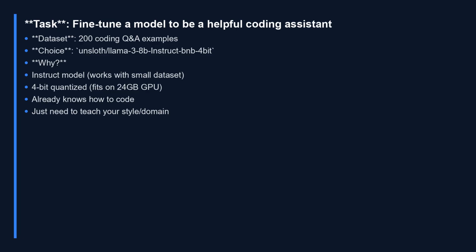The 4-bit quantization fits comfortably within your 24 GB VRAM. Llama 3 already has strong coding knowledge from pre-training, so you're not teaching it to write code, you're teaching it your specific style, your domain's conventions, your preferred output format. That's exactly the kind of focused adaptation an Instruct model handles well.